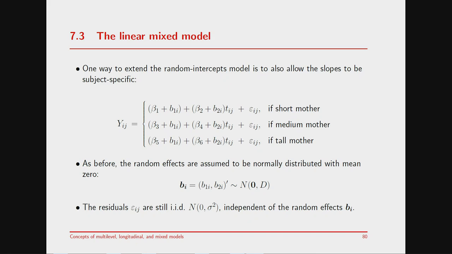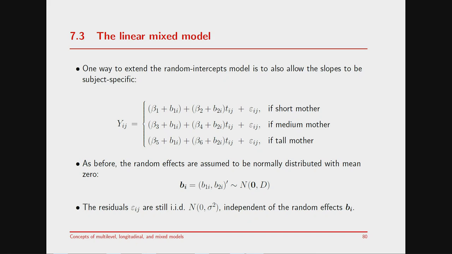And why are these slopes random? Because they're subject-specific. If you randomly sample new subjects, you will randomly sample new b2i terms from a population of slopes. So the b1i's will still follow a normal distribution with mean 0. The b2i's will also follow a normal distribution with mean 0.